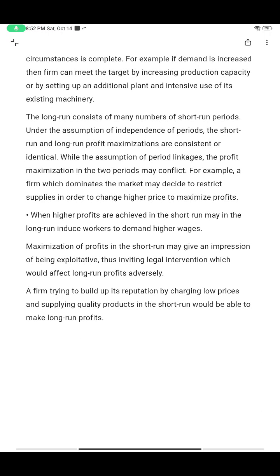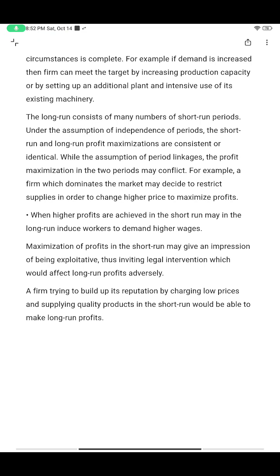So a long run also consists of many short run periods, because for every long run they can take 3 months as one short period and the next 3 months as one more short run. For every long run there can be many short run periods.